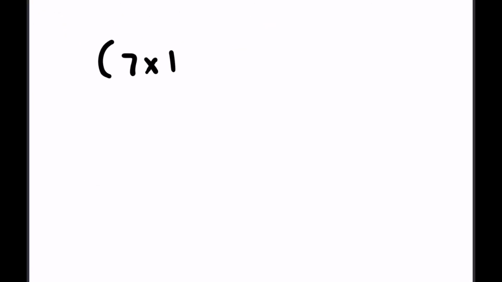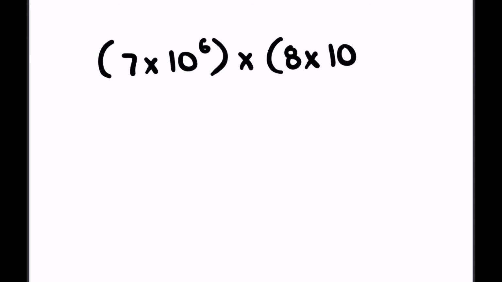All right, 7 times 10 to the power of 6 multiplied with 8 times 10 to the power of negative 15. Now I'm bringing in some negative exponents as well. I'm going to start the process in the exact same way. So I'm going to start by multiplying the numbers together. 7 times 8 is 56.